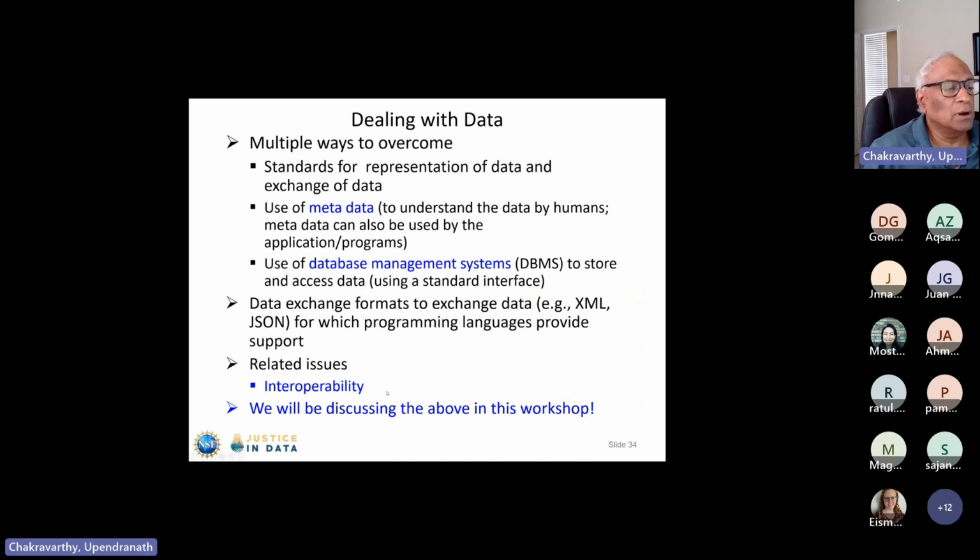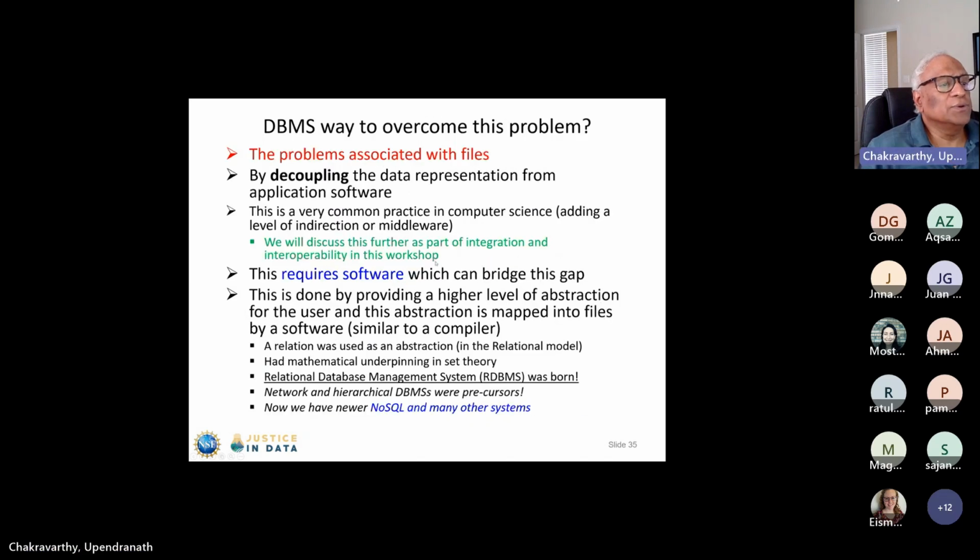Related issues are interoperability, how to make multiple applications work together without having to change them again and again every time something changes. So DBMS was one of the approaches or alternatives that came about to overcome this problem.